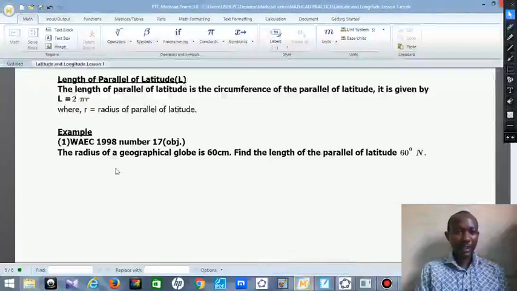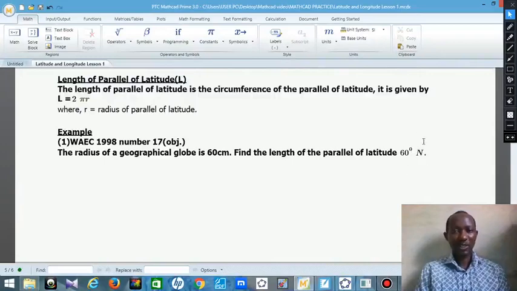Okay. So this example says we should calculate. It says WAEC 1998 number 17, an objective question. Take note. It said the radius of a geographical globe is 60 centimeter. So this globe is a sphere, a normal sphere. So the radius is 60 centimeter. The question says find the length of the parallel of latitude 60 degree north.